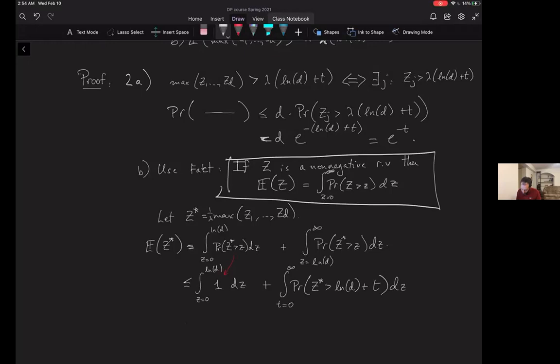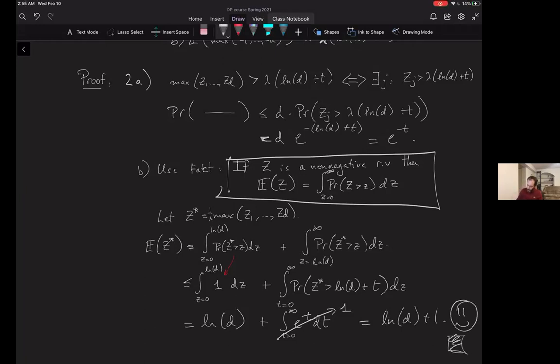So this first term is just log of d, plus the integral from t equals 0 to infinity of e to the minus t dt, and that is just 1. So we get log d plus 1, and we are happy. That's the end of the proof.